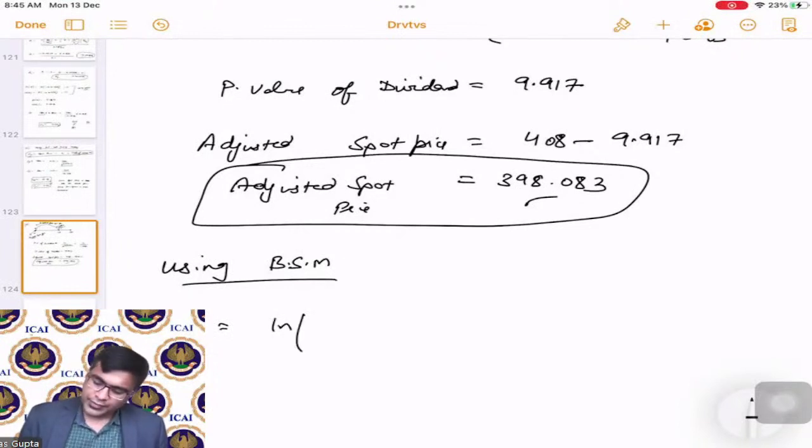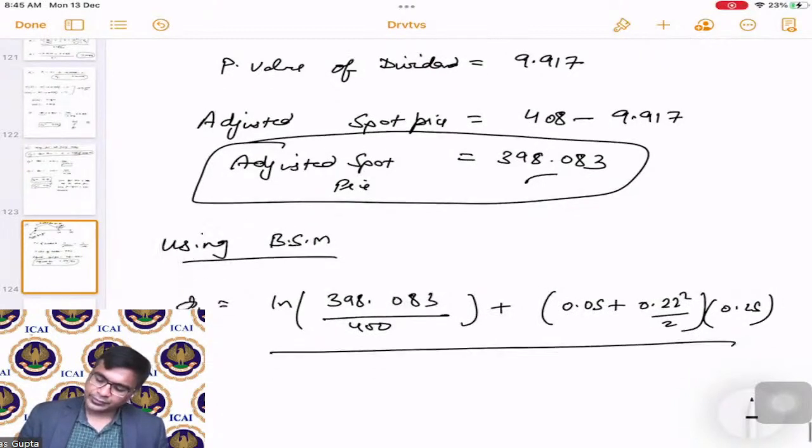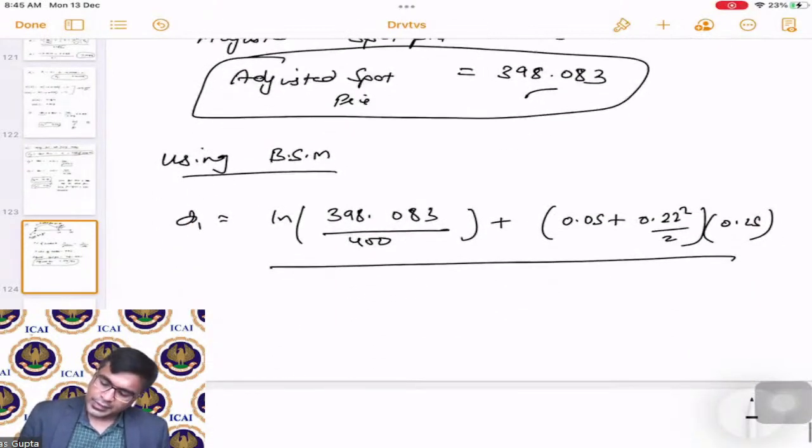D1 is log of 398.083 divided by 400 plus 0.05 plus 0.22 square divided by 2 multiplied by 0.25, whole divided by 0.22 under root of 0.25.